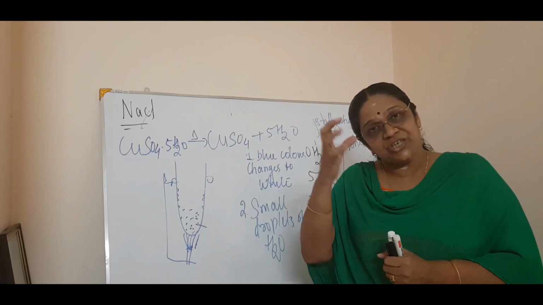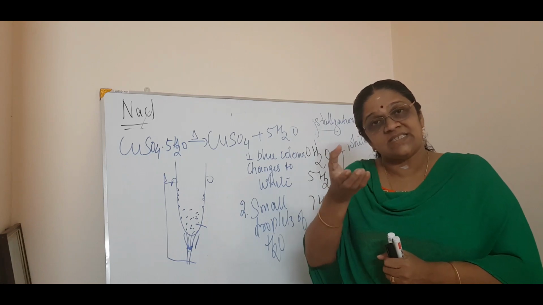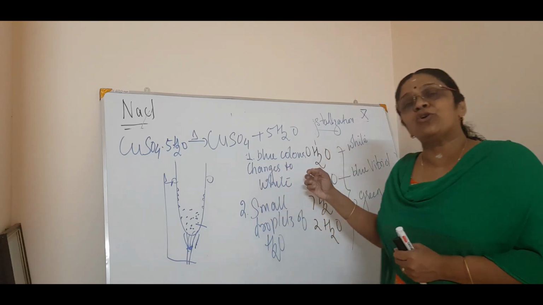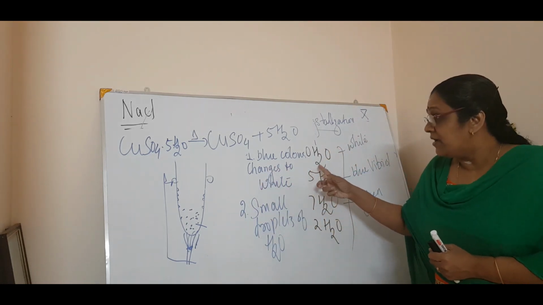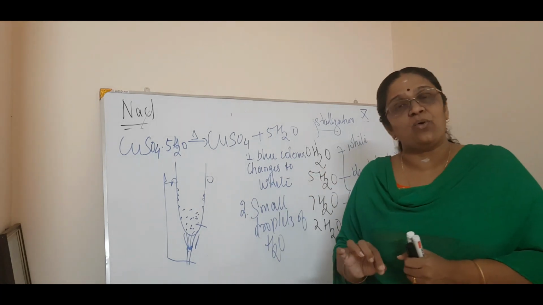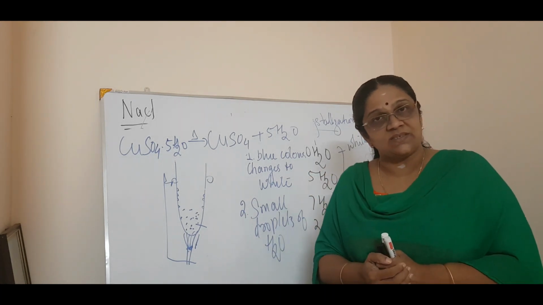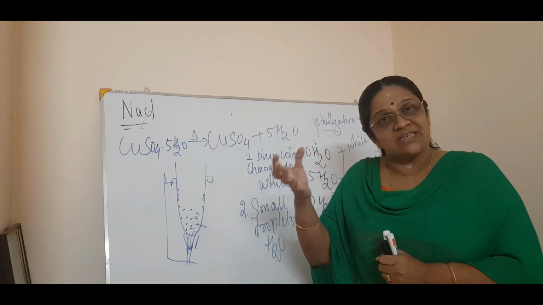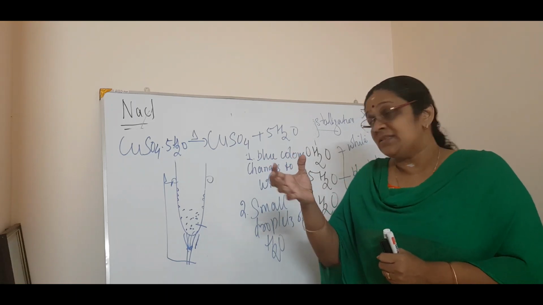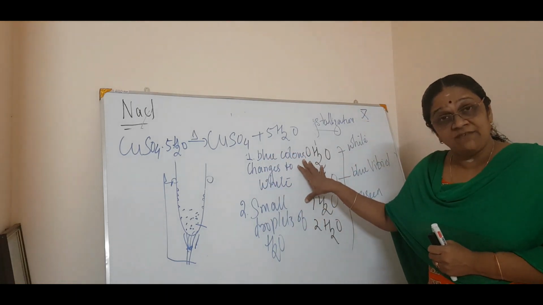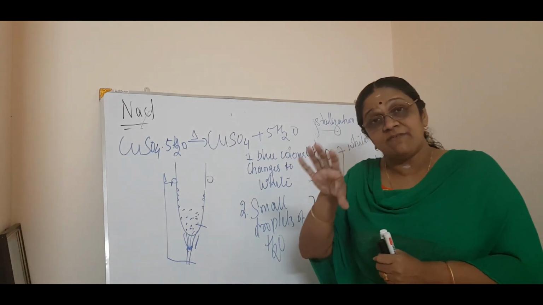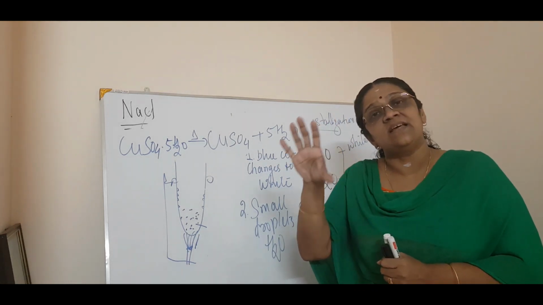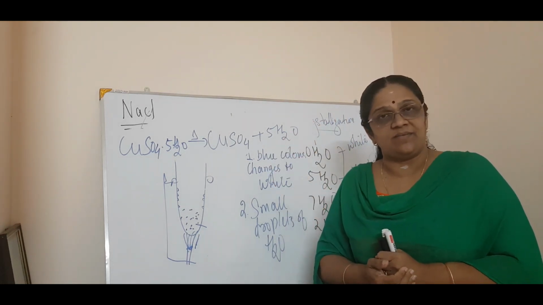So all those shapes of the crystals are given by whom? This water of crystallization. That is why this plays a very important role in the symmetry of these compounds. Okay. So this water of crystallization mainly gives the substance color as well as the geometry of that crystal.